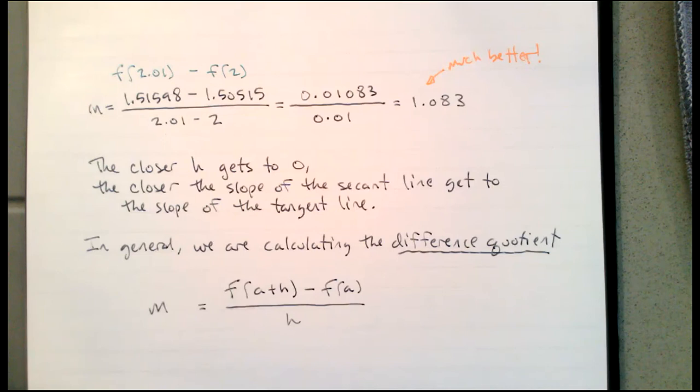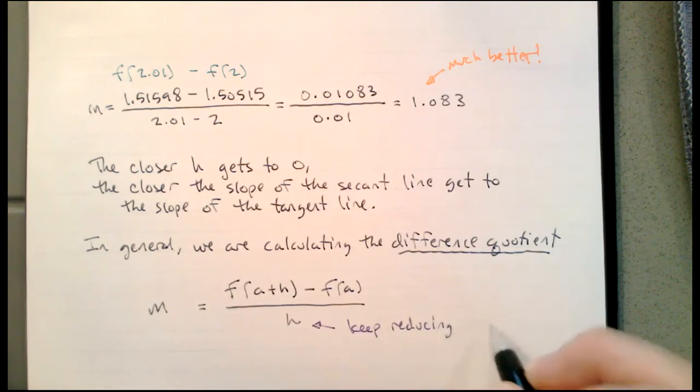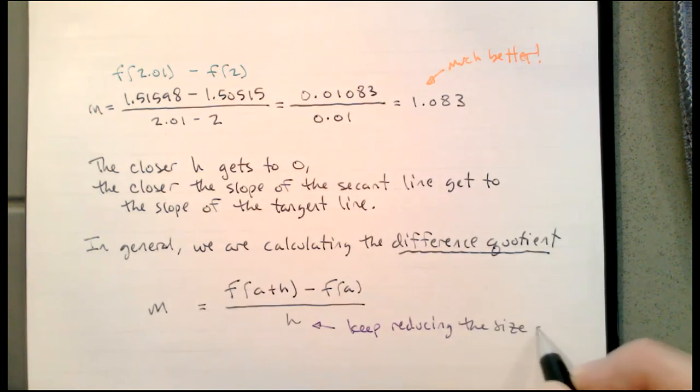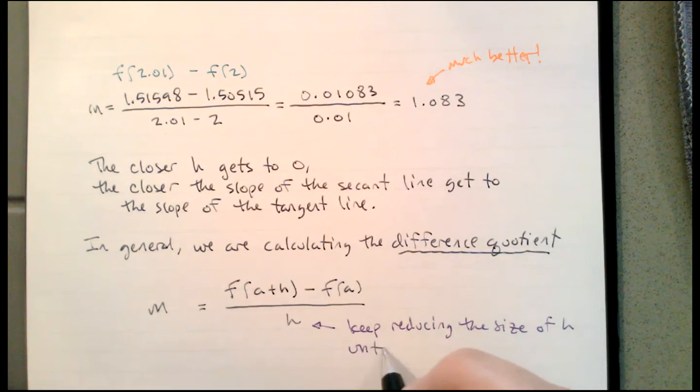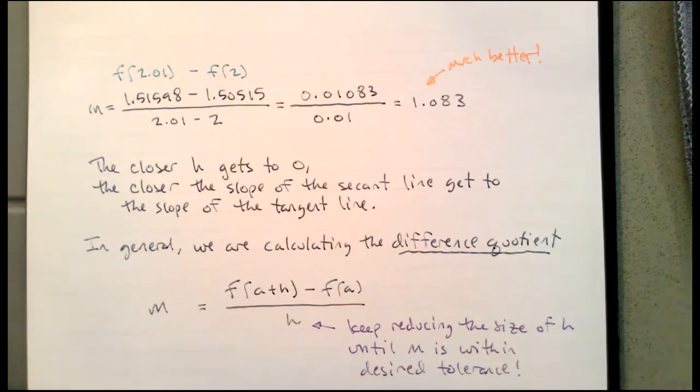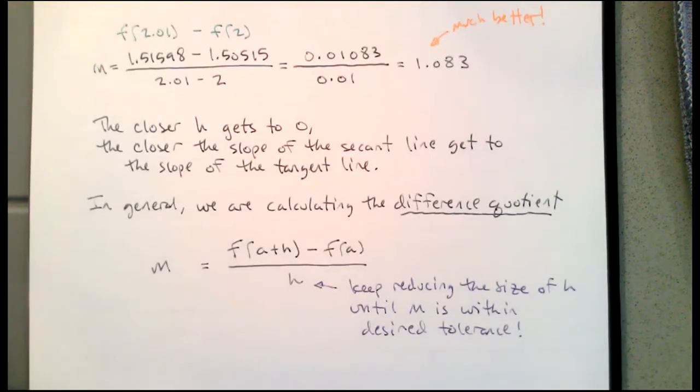Keep reducing the size of h until the slope is within tolerance. Keep making h smaller until m is within the tolerance that you want.